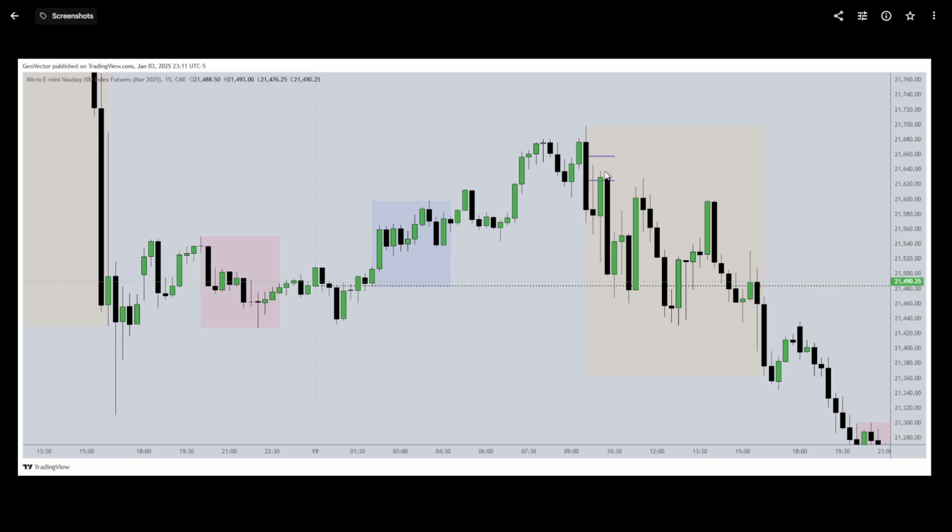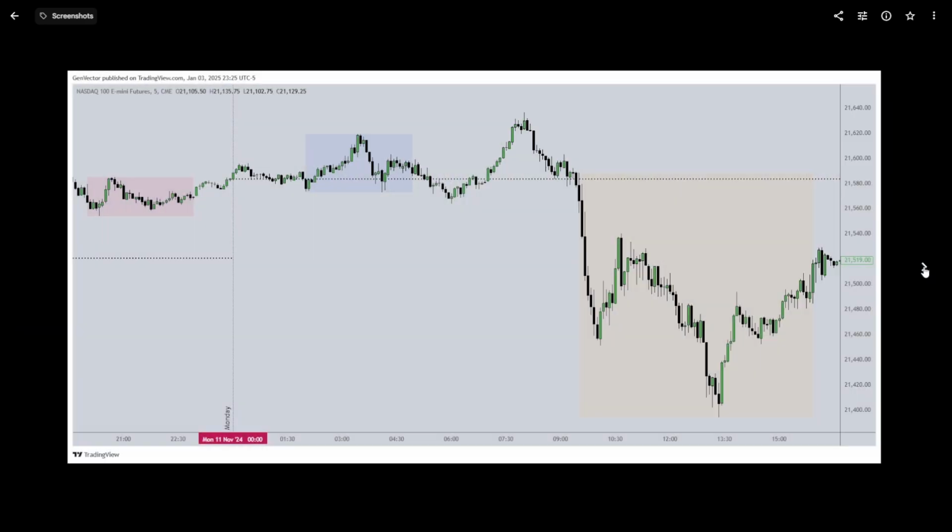We retrace into a premium array, and at least for the AM session, we're seeing bearish movement. Again, the intention here is to look at London, monitor the price action in the in-between time between the two major sessions, and then in the right session, not trying to trade the in-between time too aggressively, but waiting for that in-between session to catch that bearish move lower.